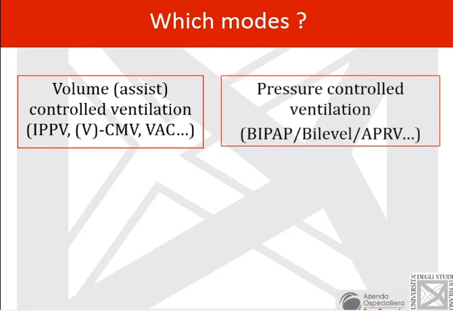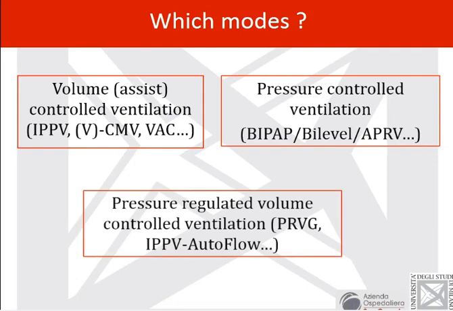Then we have the other form of mechanical ventilation in which we set a given inspiratory pressure, pressure control ventilation. In between, we have hybrid modes in which we control volume and pressure simultaneously, as I will show you later on.